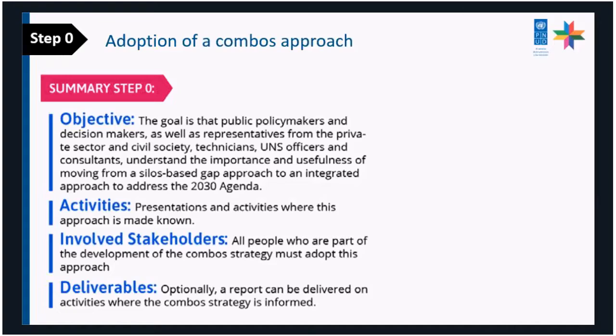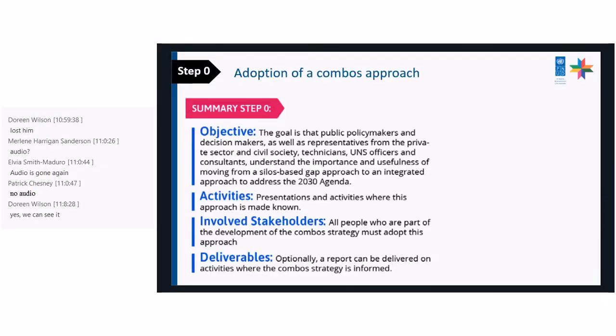Just to resume what George just said, what we want to achieve on step 0 is to understand the importance and usefulness of moving from a silos-based approach to an integrated approach to address the 2030 agenda.